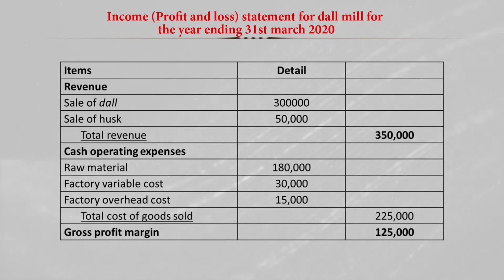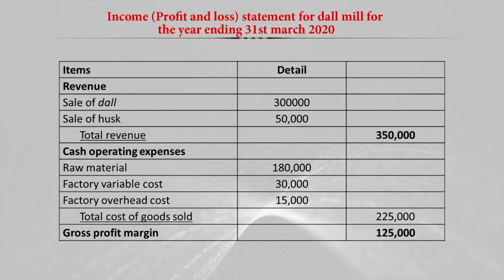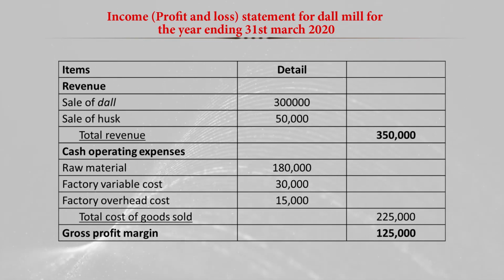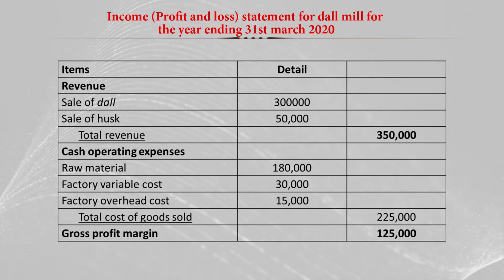So here we can calculate the gross profit, that is 3,50,000 minus 2,25,000, that comes to 1,25,000. That is the gross profit margin.